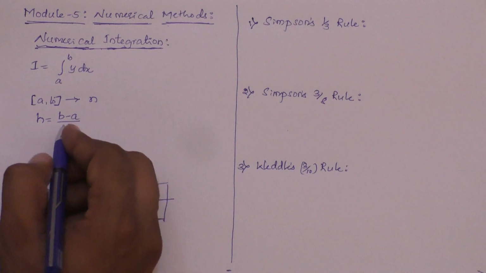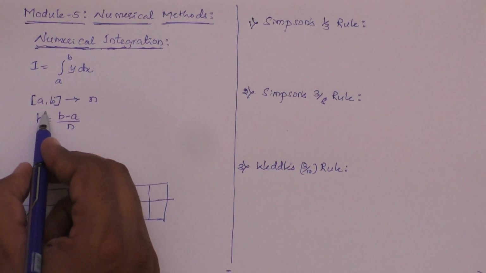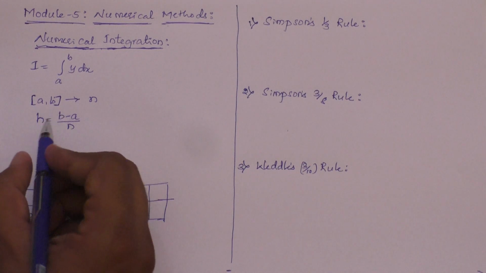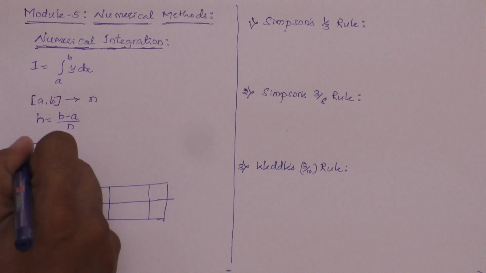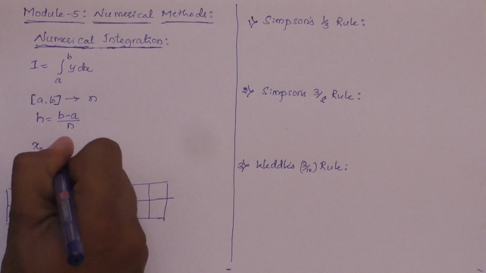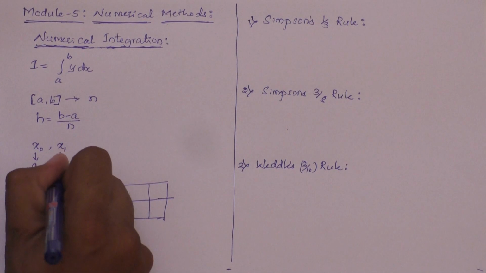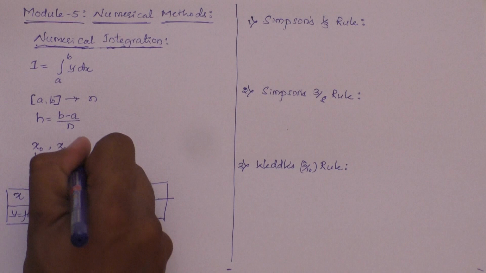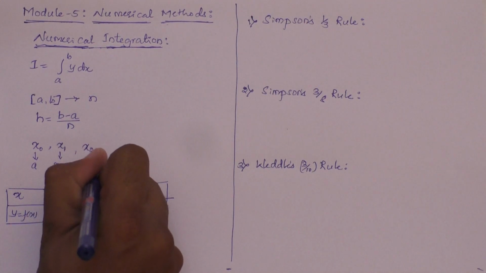Now you need to denote the values after division. x0 means the first value, which is a. Then x1 is x0 plus h, then x2 is x1 plus h.